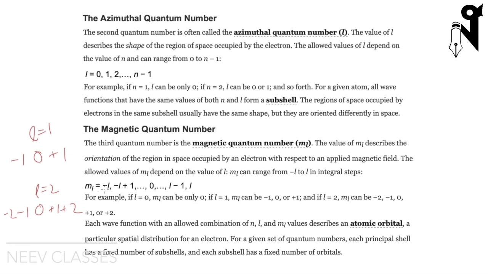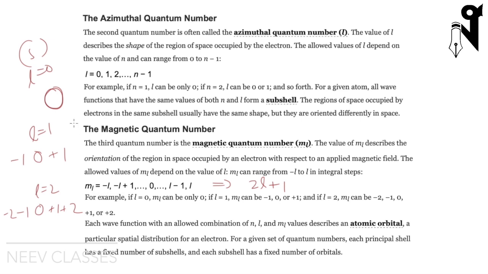So what we are seeing is that the total number of orientations can be 2L plus 1. If L is equal to 0, which means S, twice into 0 plus 1, which is only one orientation, which is just the sphere. But if L is equal to 1, 2 into 1, which is 2, plus 1, which is 3 orientations. It is going from -L to +L. So many orientations are there.